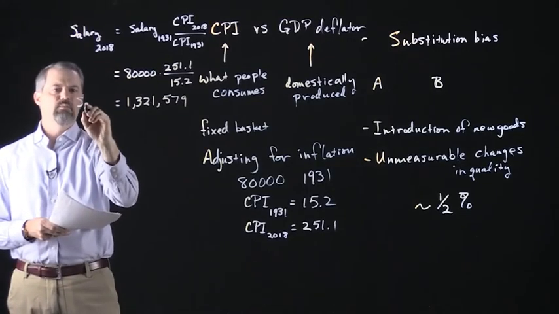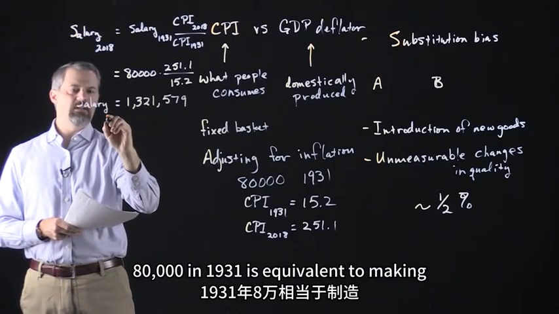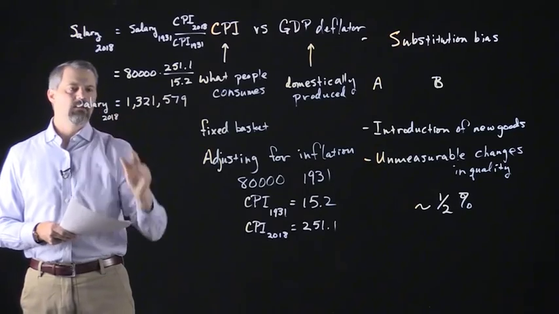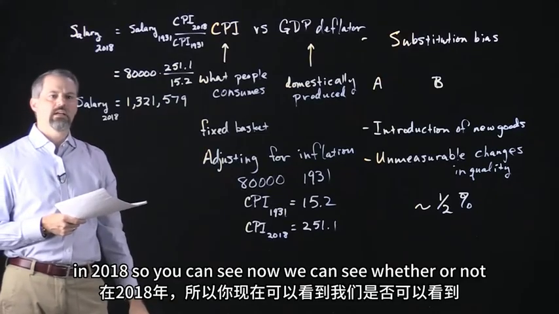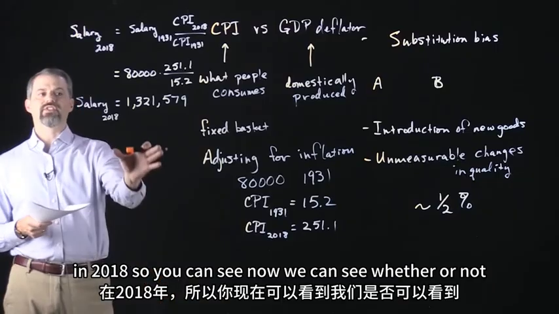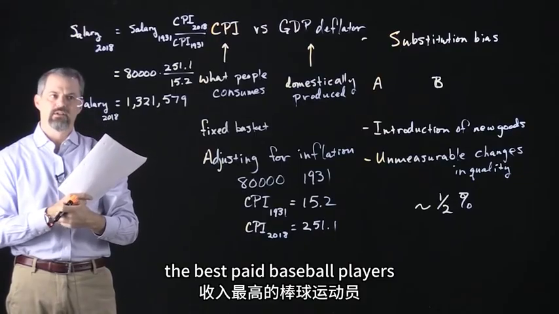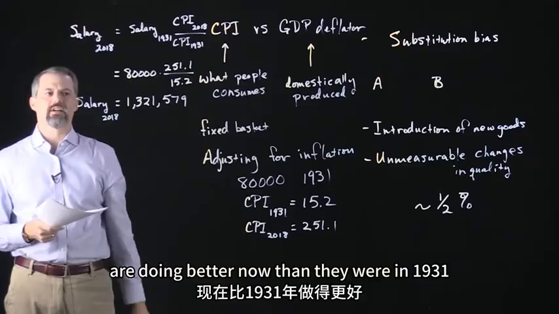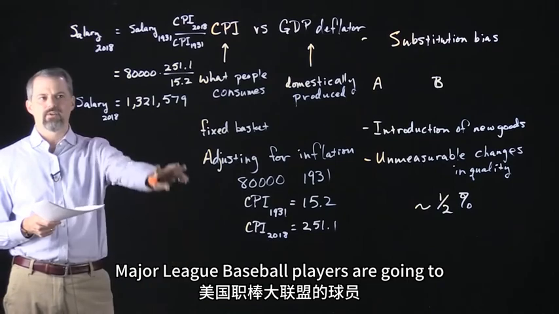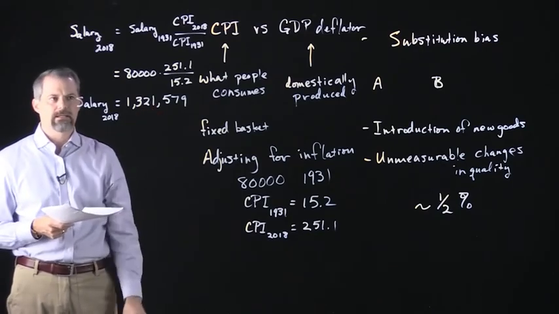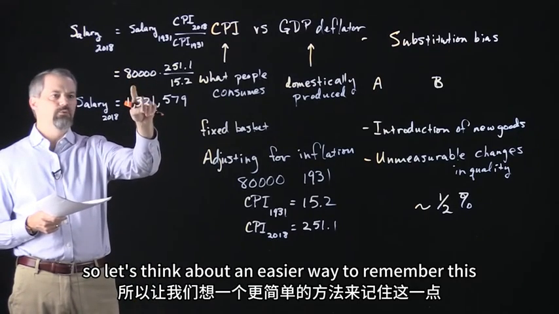So making $80,000 in 1931 is equivalent to making $1,321,000 in 2018. So now we can see whether or not the best paid baseball players are doing better now than they were in 1931, and clearly they are. The best paid Major League Baseball players are going to make way more than that. Okay? So let's think about an easier way to remember this.